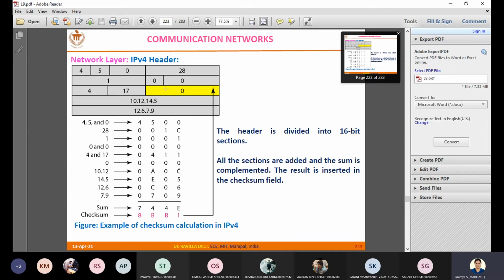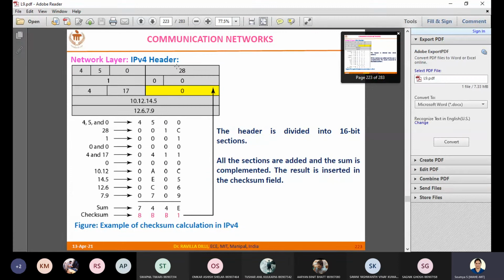Now, how do you find a header checksum? Look at this example. The checksum of the header is calculated for all the 3 lines, 32 bits each, that is 4 bytes each. So the first value is 4. The next value is 5. The next field value is 0. You consider 16 bits at once, so 16 bits here is 4, 5 and 0, 0.